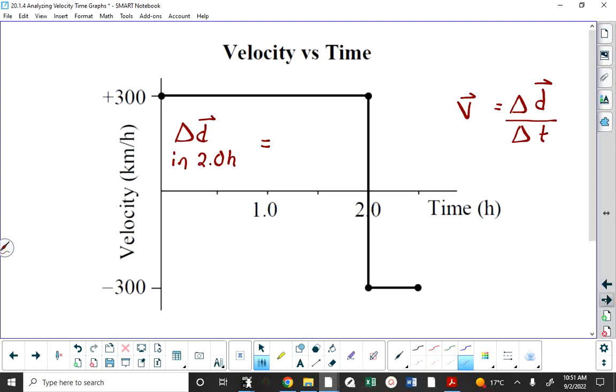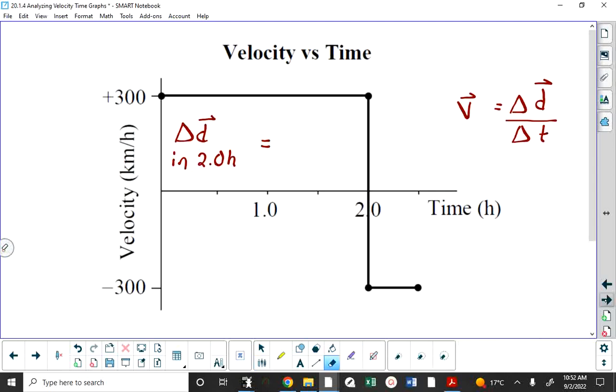But what I will tell you is, since looking at the graph, the velocity in the 2 hours is constant, the average speed in the 2 hours is 300. So sometimes, even though it doesn't say average in what we do, we don't need to include it, even though it's on the formula sheet. This is a very simple calculation.